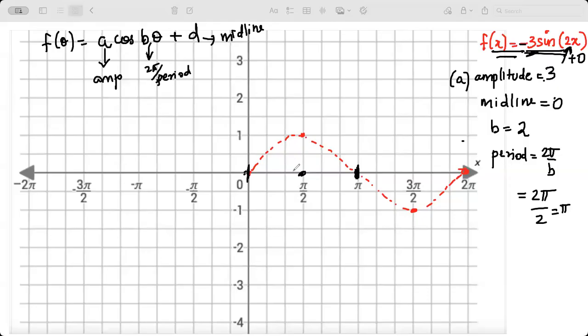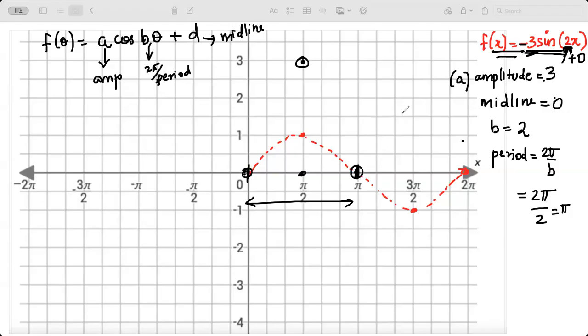So if we want just 3 sine, the period is as well pi, because of the 2, the period changed to pi. Whatever cycle I want goes from 0 to pi. That we need to understand first. Now, 3 was the amplitude, means it should have gone here. And this should have been my point.